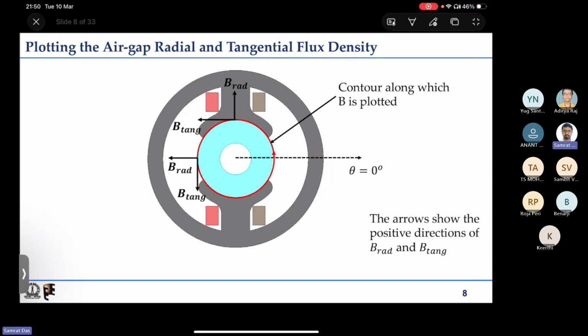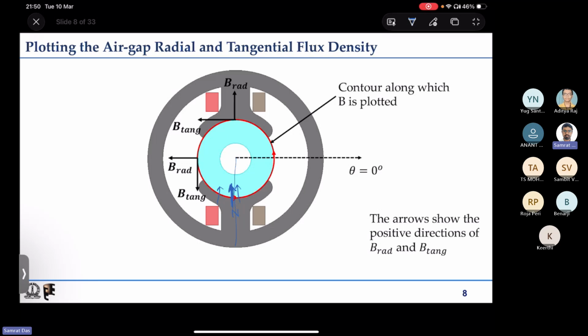On the other hand, at this point, because this is the north pole, flux lines will be going in. So the B vector direction will be radially inward. So we expect that at theta equal to 270 degrees, that is here, the B radial sign will be negative.